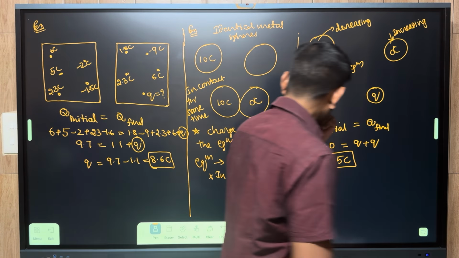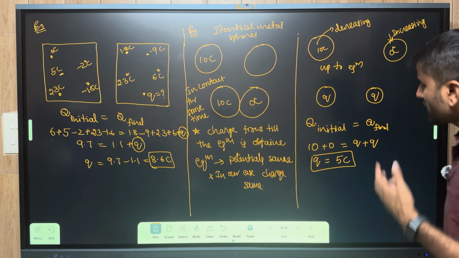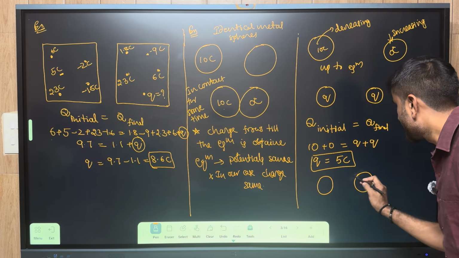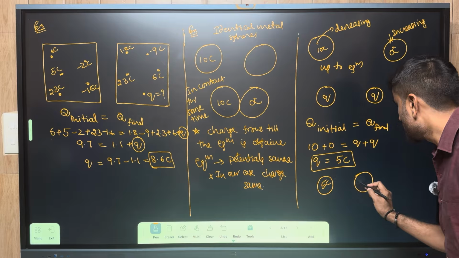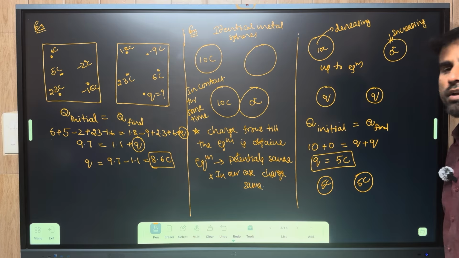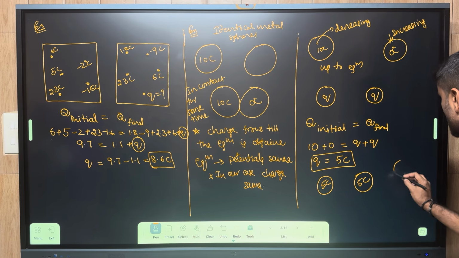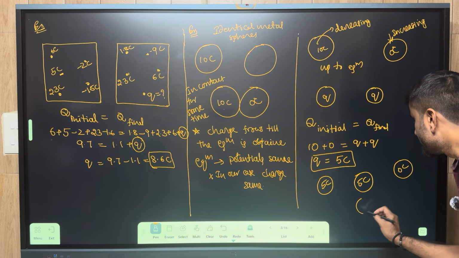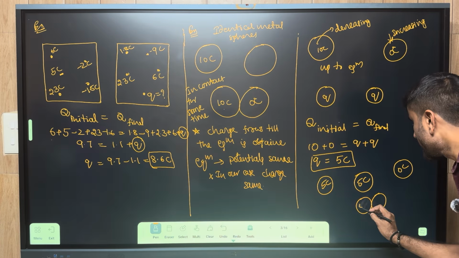Now let's say I've taken another object this time. Now the objects are, this is 5 coulombs now, and this is also 5 coulombs. I've taken another neutral object, 0 coulombs. Now I put these two objects in contact.